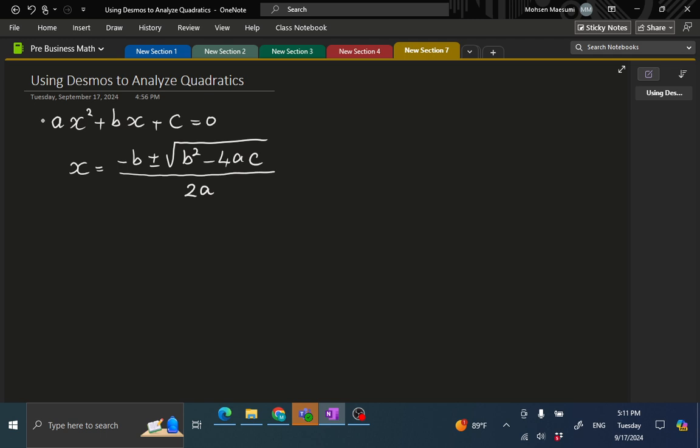In addition, we said that if we have a quadratic function, which is just that expression, then the x-intercepts are exactly these roots.